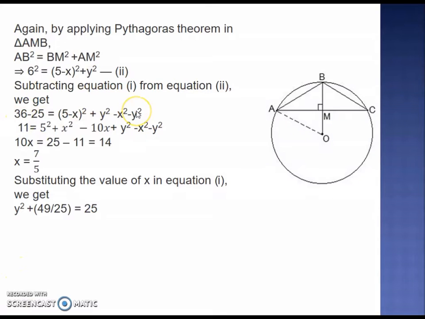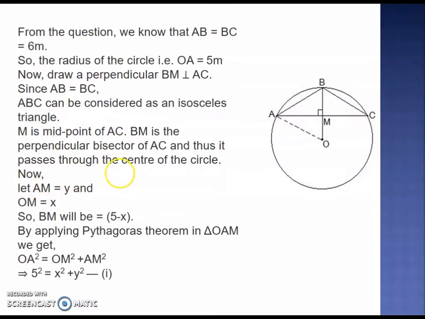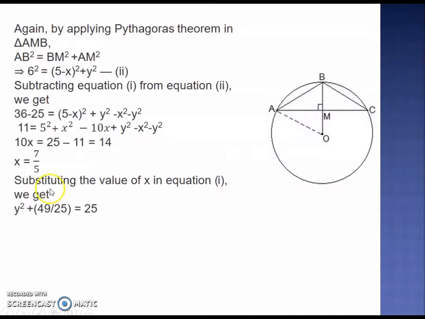So subtracting first equation from second equation, I get 36 minus 25, because this was my first equation. So left hand side is 5 square here, that is 25, and right hand side is x square plus y square. So here 6 square is 36, so 36 minus 25 is equal to 5 minus x the whole square plus y square minus x square minus y square.